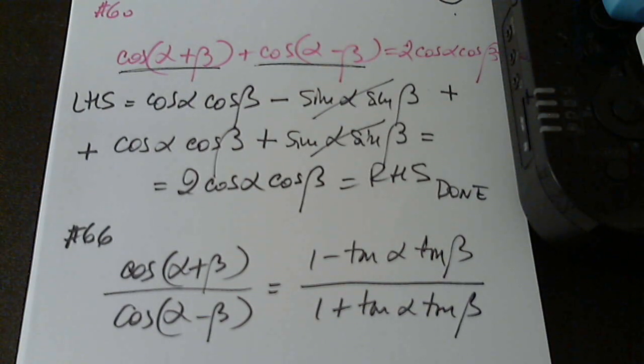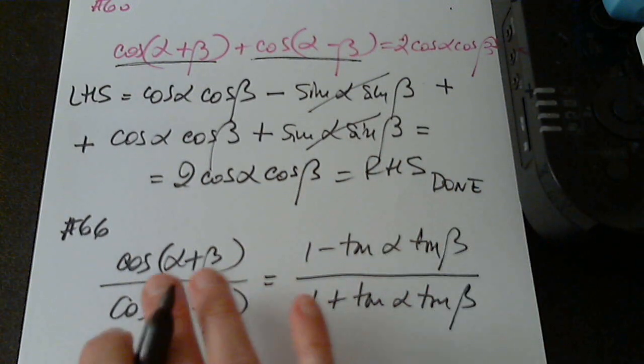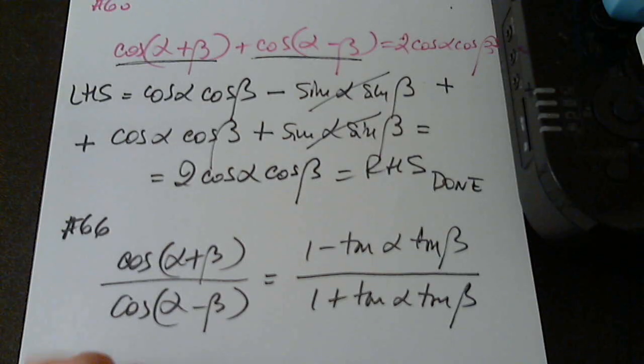Left or right? Left. Okay, we want to start with left, fine. The right-hand side is, I would say, a little bit more sophisticated than the left, but let's start with the left, that's fine. Left-hand side.